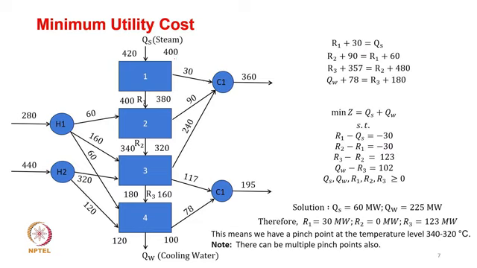The other constraint is that your heat residual numbers start at R1. Look at this example for a system having 4 units: the residual heat numbers start with R1 and end at R3. There is nothing like R0, since R0 becomes Q_S, and nothing like R4, since R4 becomes Q_W.